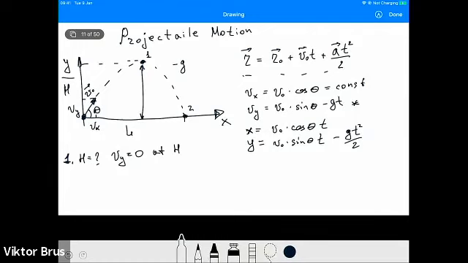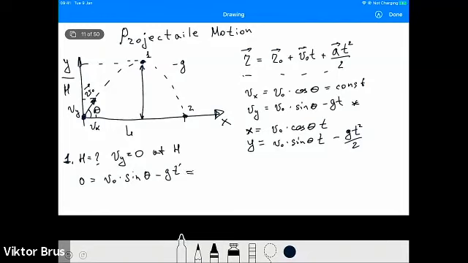Then we have 0 equal to v naught multiplied by sine theta minus gt prime, some time at which it will reach the highest point.